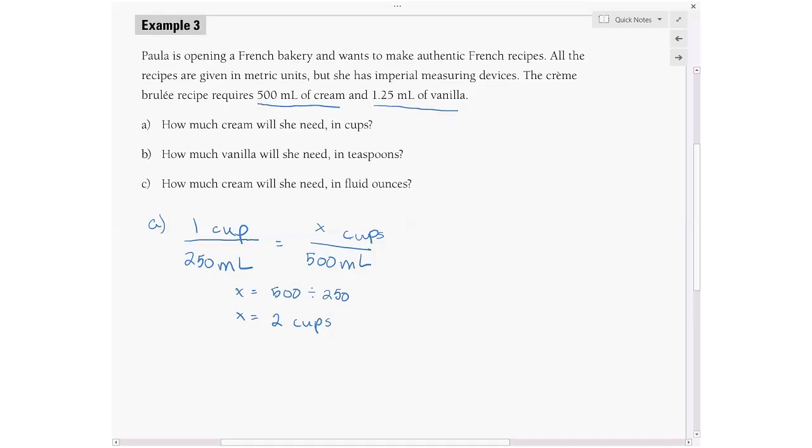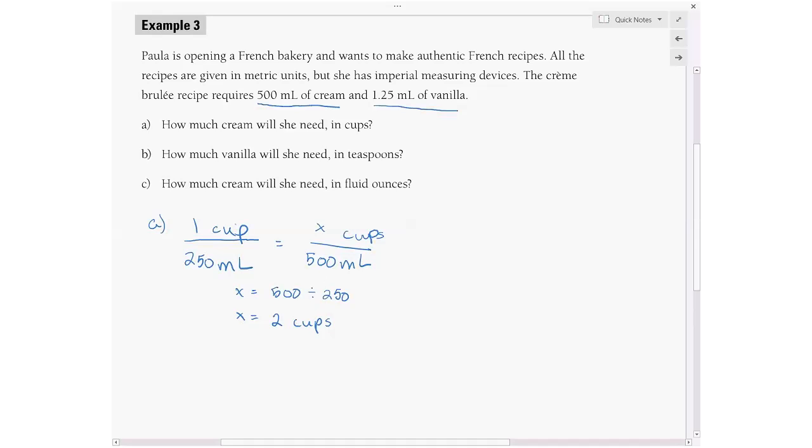When you're doing converting, pretty much the rule of thumb is that almost 100% of the time, 1 unit is equal to a certain number of a different kind of unit. If, for example, we knew how many cups and we were trying to solve for milliliters, the things that are diagonal we multiply.